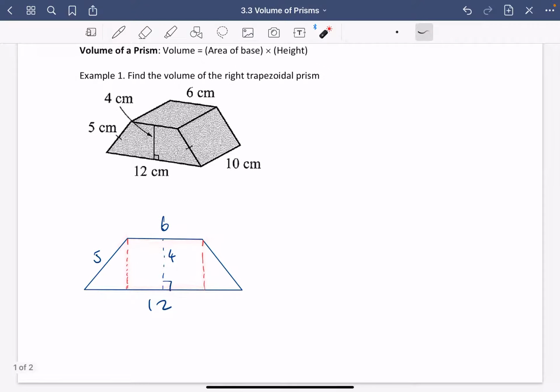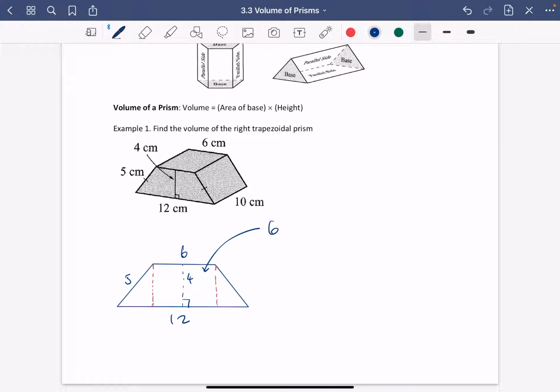Length is 6, so 6 times the width. The width is the same as the height here, so 4. So the area of this rectangle is 24 centimeters squared.